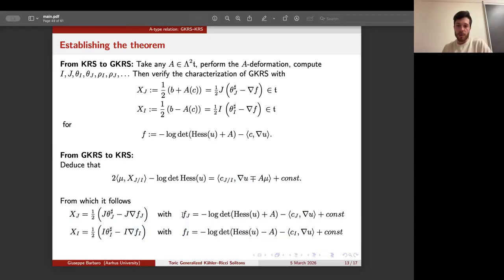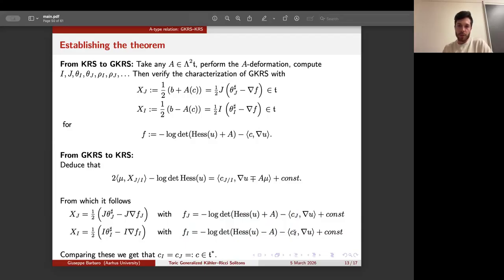So this means that these two have to differ by a constant. And the determinant of Hessian plus A and Hessian minus A is the same. So the fact that they have to differ by a constant means that this Ci and Cj have to be equal, and they give you your constant C.